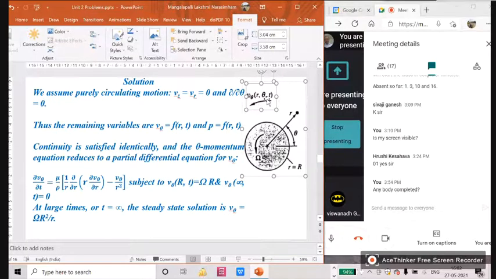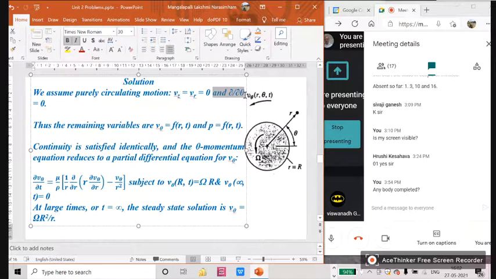It is a function of r, theta and t normally. But now v theta is not a function of theta. It varies only with r. Right? Because dou by dou theta is 0.